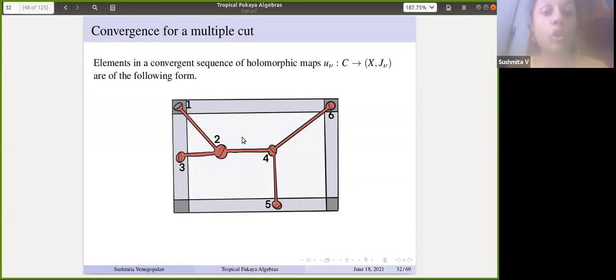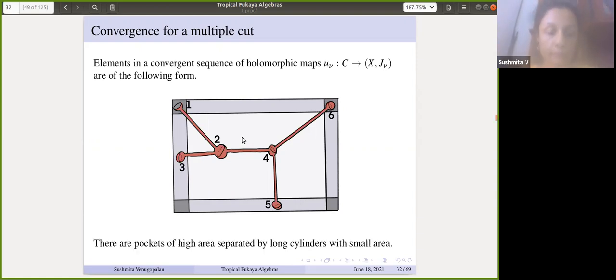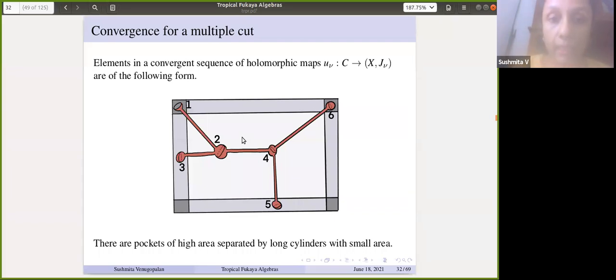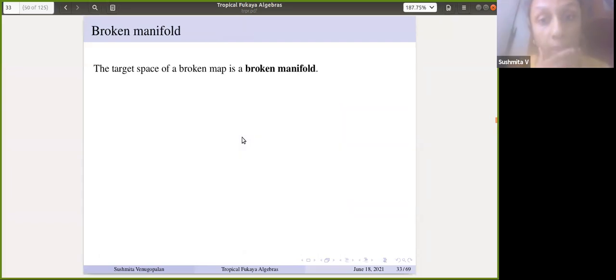So let me talk a little bit about the convergence in case of a multiple cut. The elements in a convergent sequence are roughly of this form, which is there are pockets of high energy separated by long cylinders with small area. And the target space is a broken manifold. And what's a broken manifold in this context?